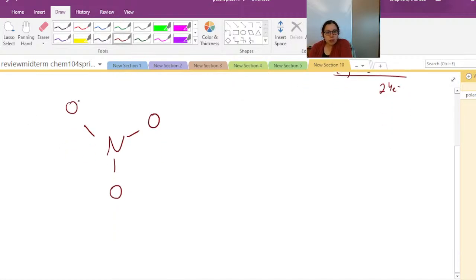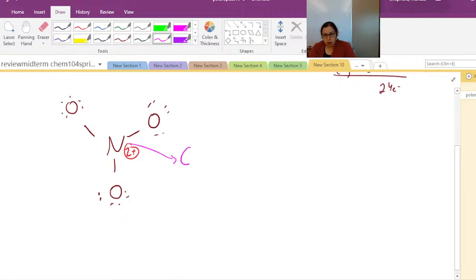Like I said, this was a perfectly good starting point. Now I'm just filling in my electrons, so I have 24 electrons. Now let's talk about what other things we need. We need formal charges. This nitrogen has a 2+ formal charge.